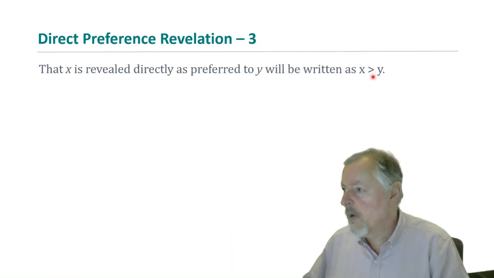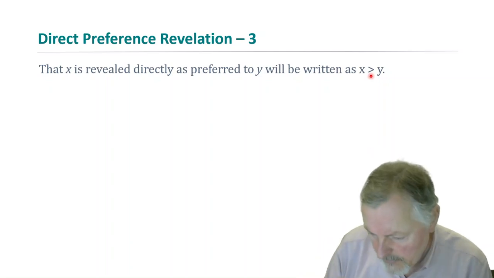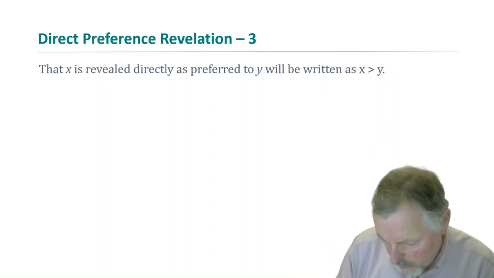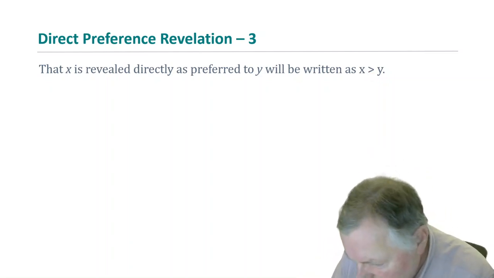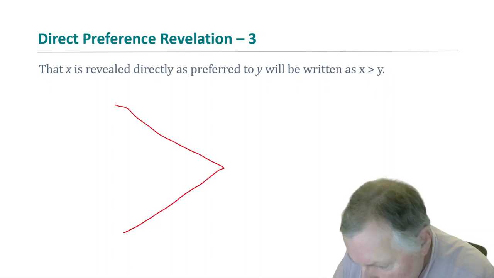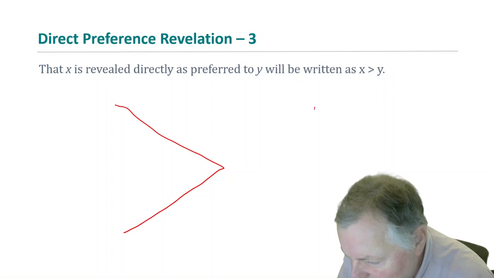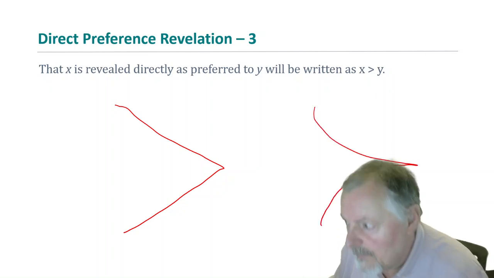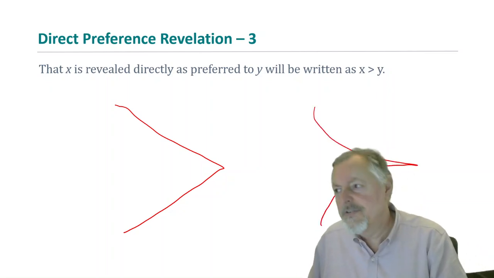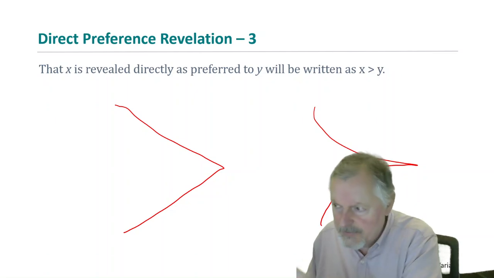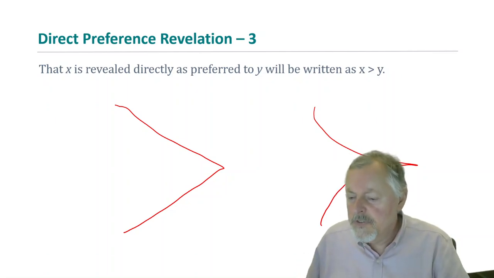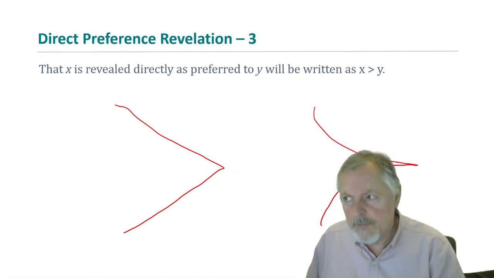And we'd write it this way. Notice that is, badly drawn, a greater than sign. It is not that sign, which says directly, that sign means strictly preferred.